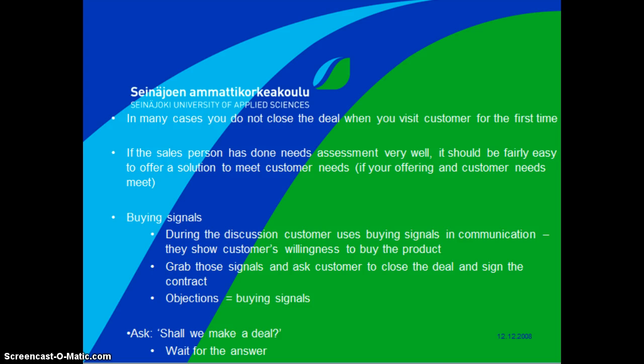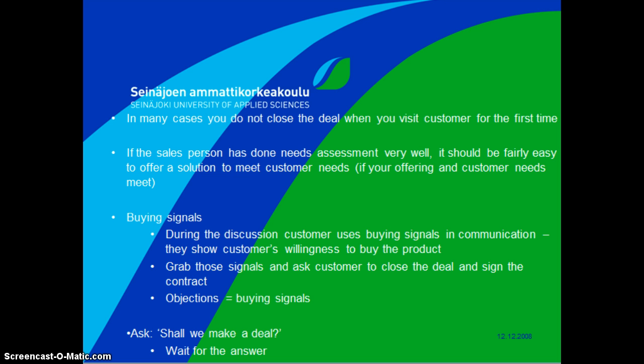It might be a long process. We are talking about, in some types of product deliveries, for example, several months time periods, or even time exceeding 1 year. It's possible. It depends on the purchased product in business to business markets.